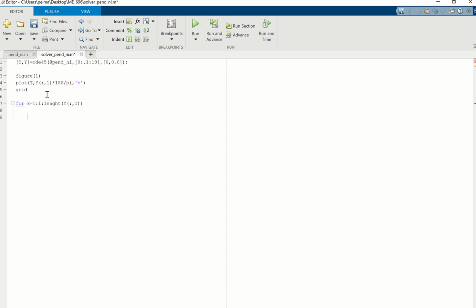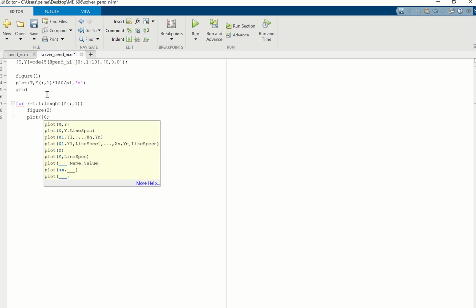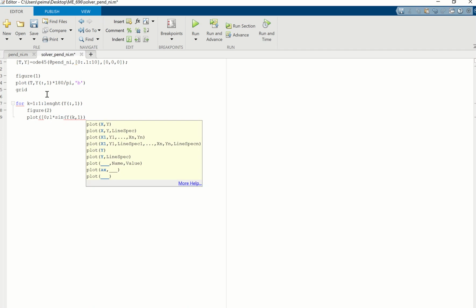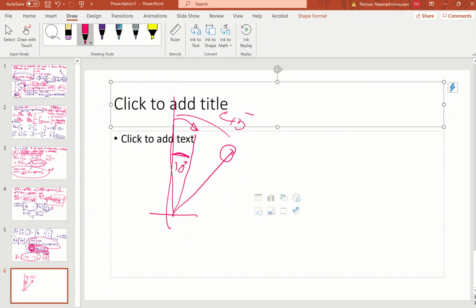Okay, length of that. For that, figure 2, plot 0 and L sine y, which is theta, k and 1. Look at here. I'm just making a movie of that by the controller.